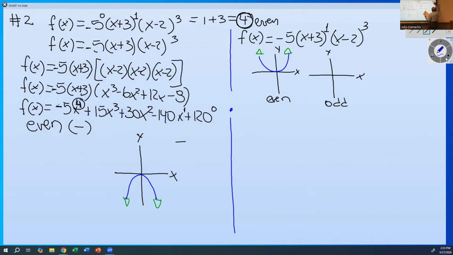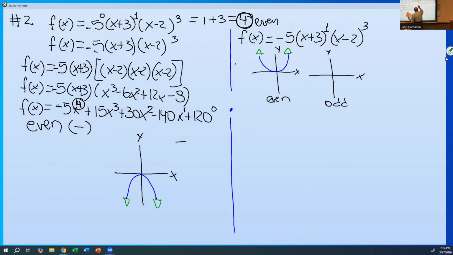And then if that is an even function, it is reflected over the y-axis, or it's symmetrical. Whatever you want to say, symmetrical.